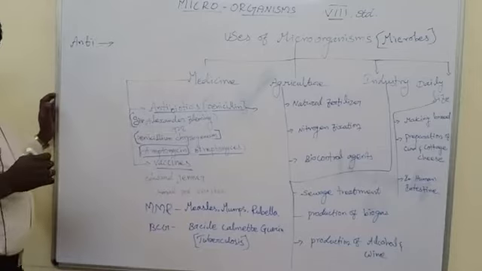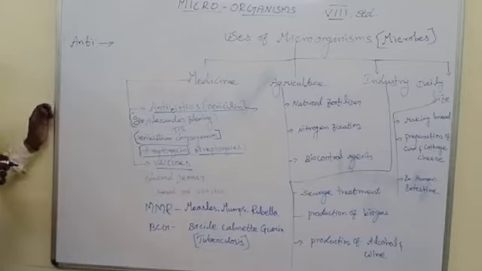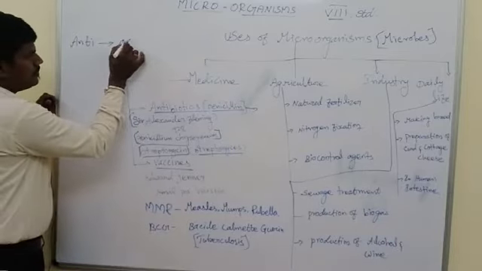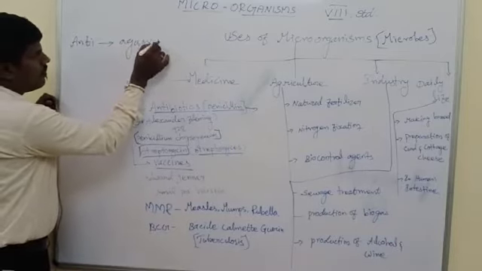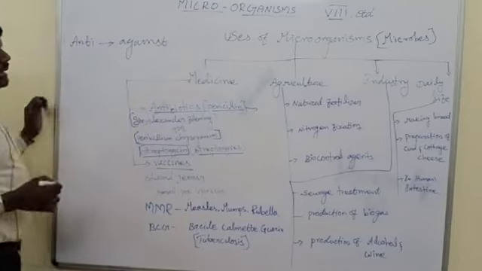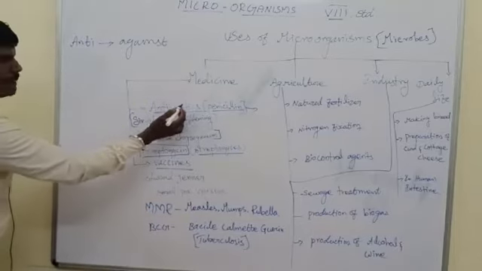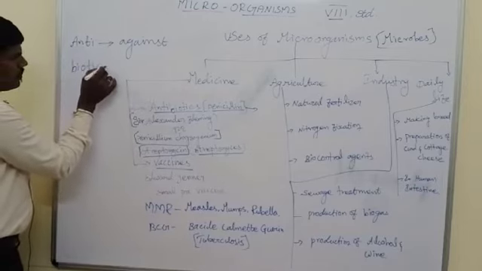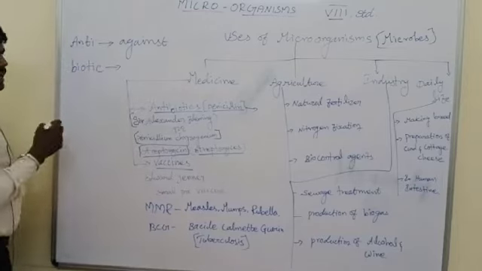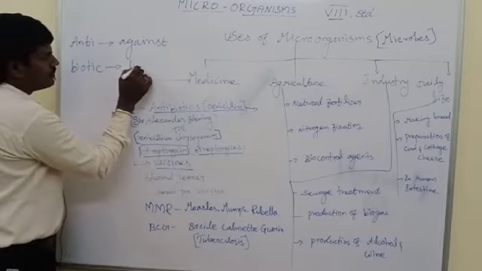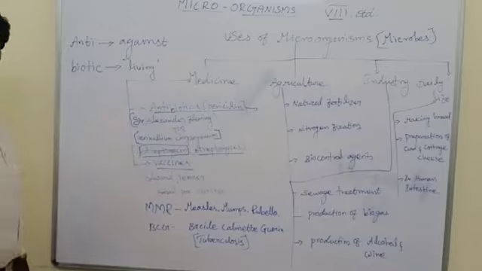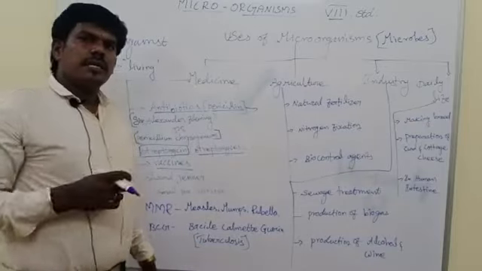Can anyone tell me what anti means? Anti means against. And then biotic. Biotic means living organism, or living condition. You have studied this in previous classes.